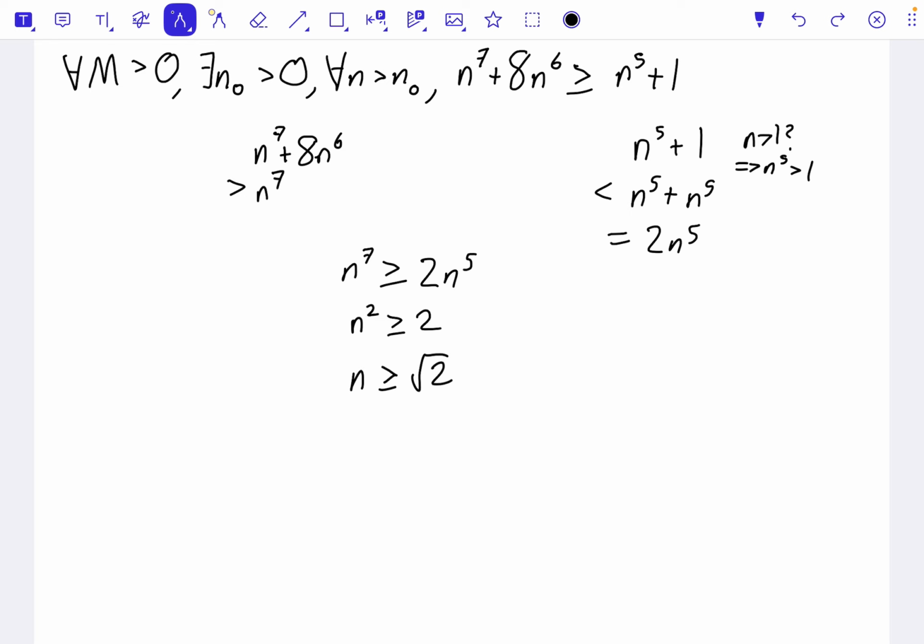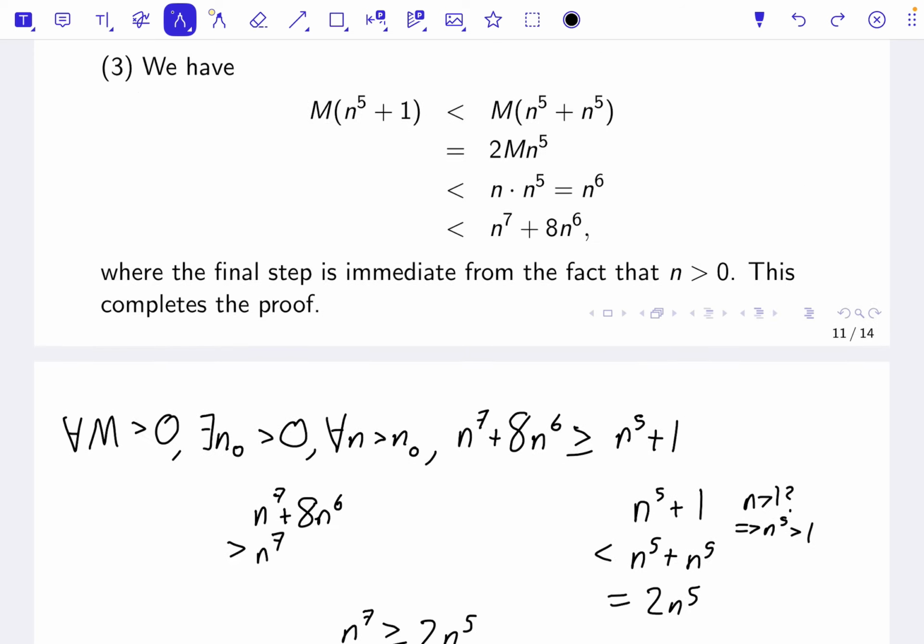Well, you know what's a choice of n that is greater than the square root of 2? 2. Without any sort of extra algebra, we're just allowed to choose that because these are constraints, not actual specific values.